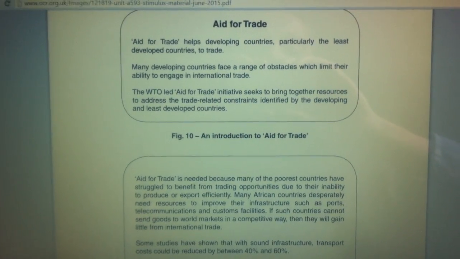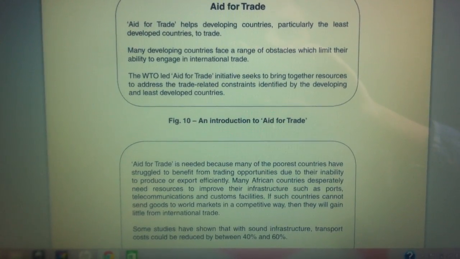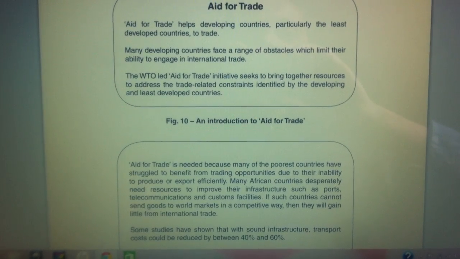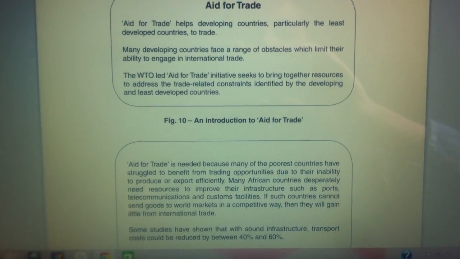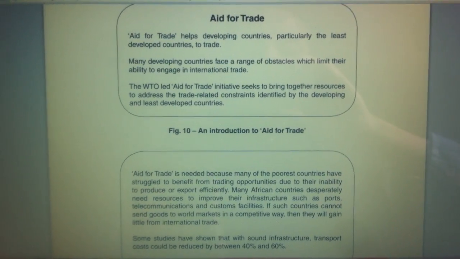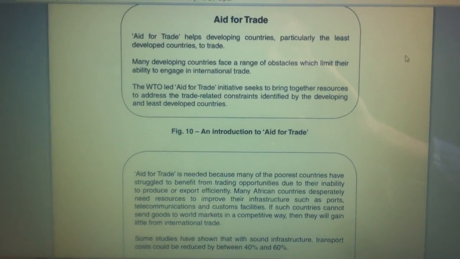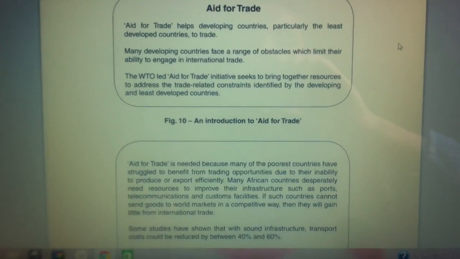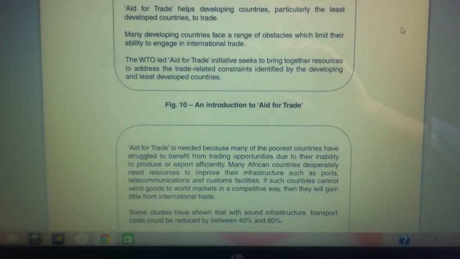Aid for trade, the argument is that whilst it's all very well donating billions of pounds to these developing nations, they need to be given the facility to get their goods to market and then trade.